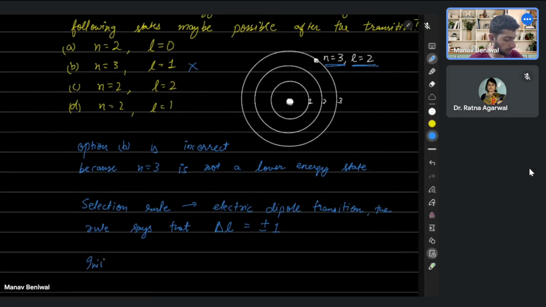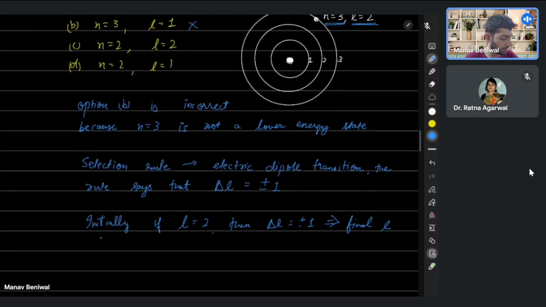So initially, if l is 2, which is in this case, then delta l equal to plus minus 1 would imply that l final can be, if we add 1, we get 3. If we subtract 1, we get 1. So l final can have only these two values, 3 or 1.